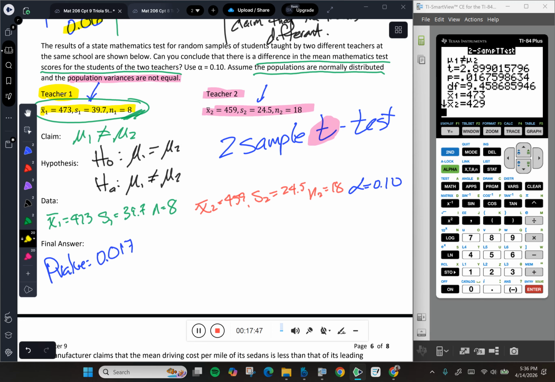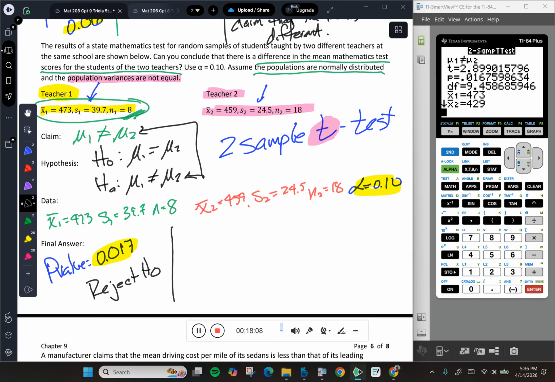Okay. I'm going to compare that p-value to my alpha. That p is way less than alpha. When p is less than alpha, we reject the null hypothesis. Remember, our claim was the alternate. So what does it mean when we reject the null and the claim is the alternate? Well, that means we have enough evidence to support the claim.